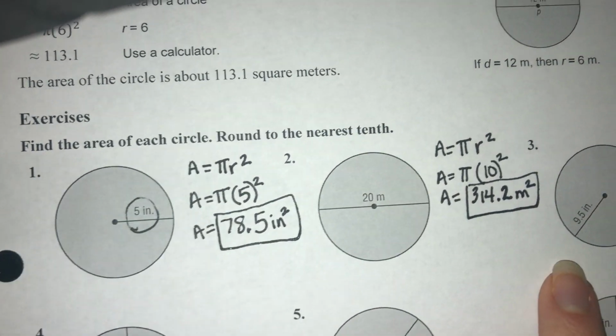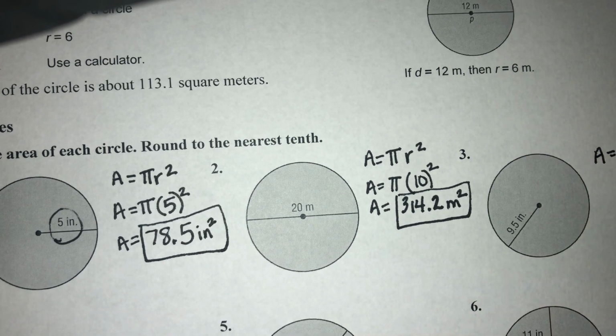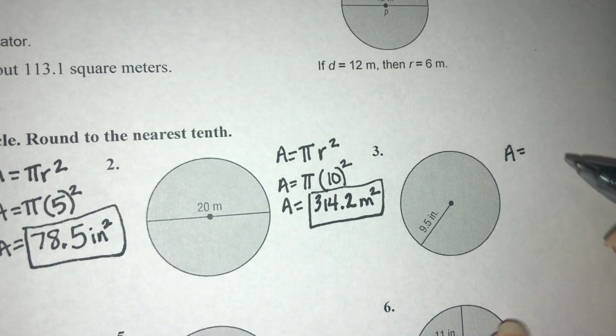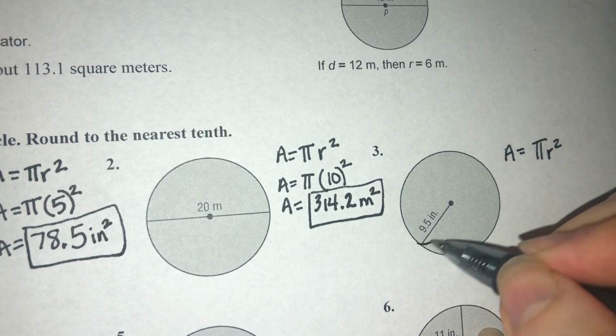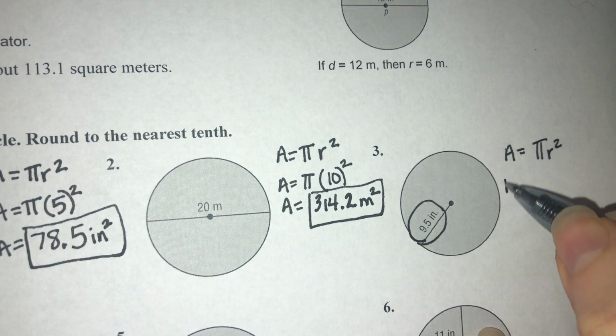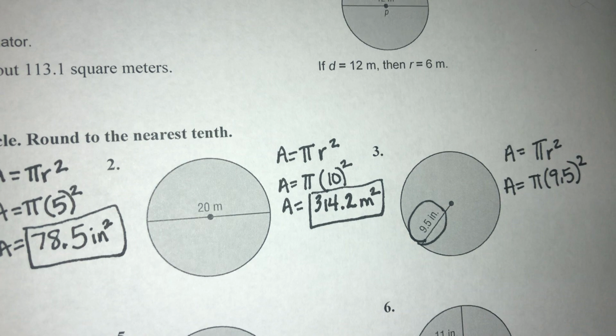All right, number 3. Area equals pi times your radius squared. They give you the radius is 9.5. So the area equals pi times 9.5 squared.